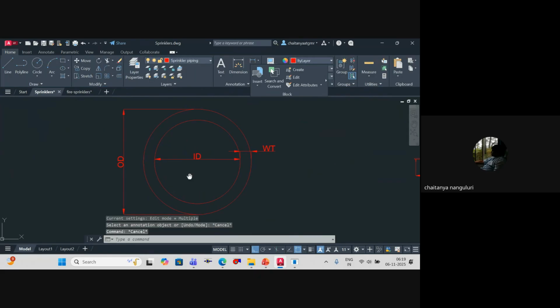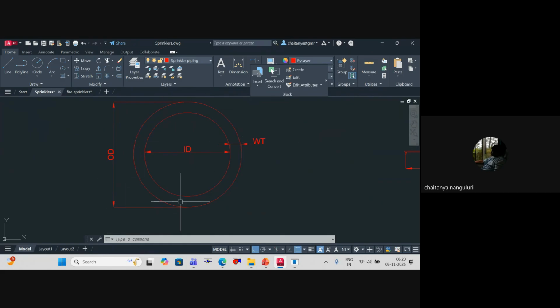Your OD is always equal to ID plus 2 times the wall thickness, isn't it?